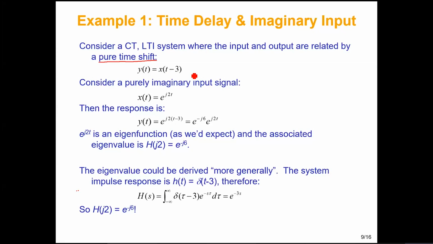Let's do a simple example and see how this concept of eigenfunction and eigenvalue can really help us. For this example, we have a continuous time system, and it is given to us that y of t is equal to x of t minus 3.